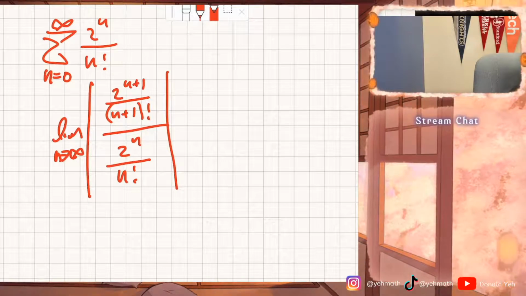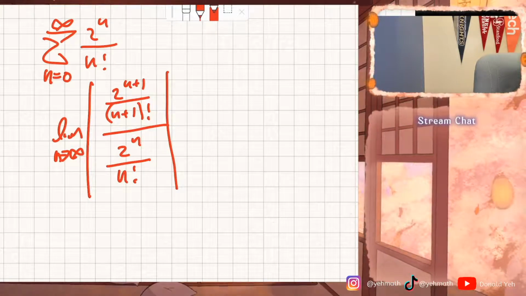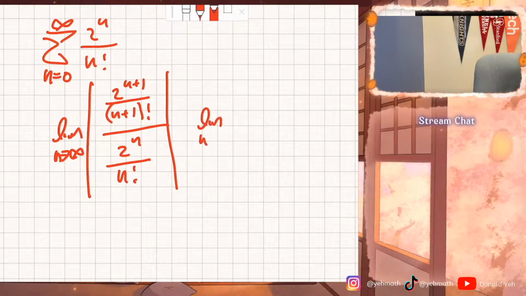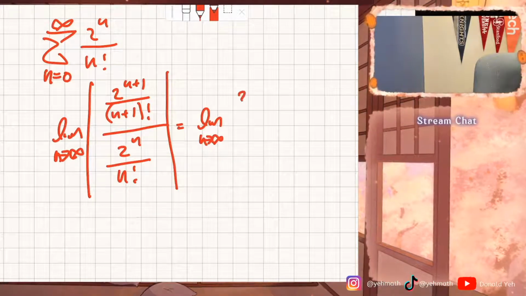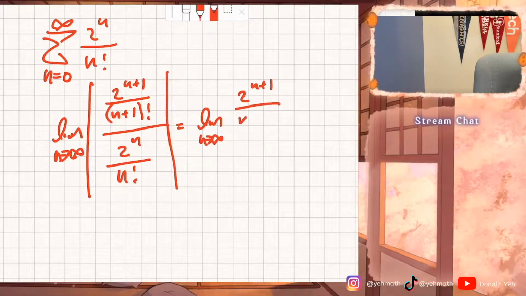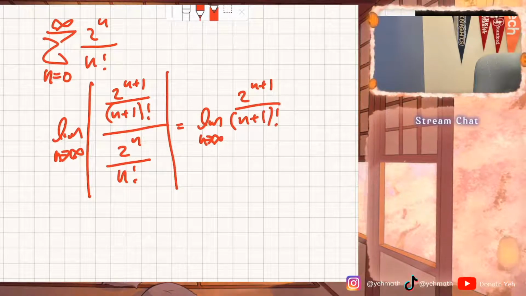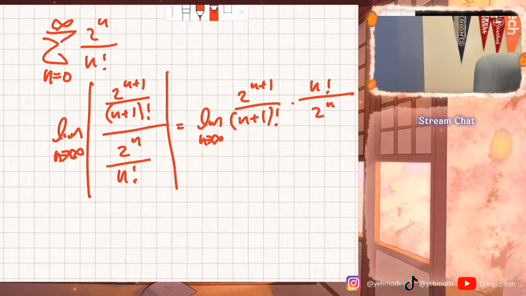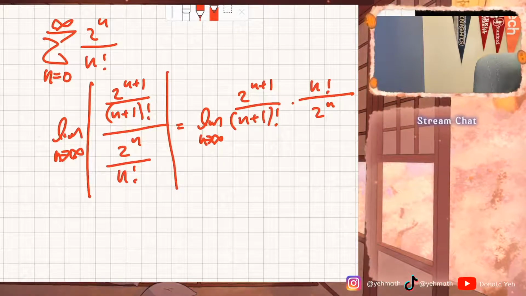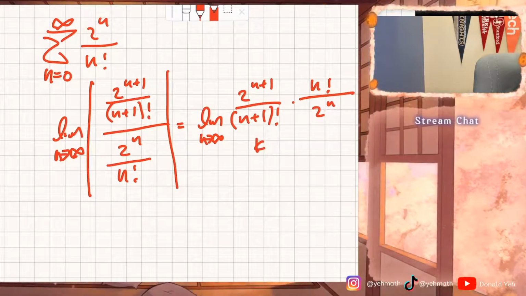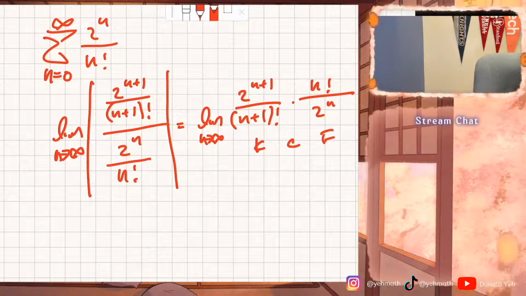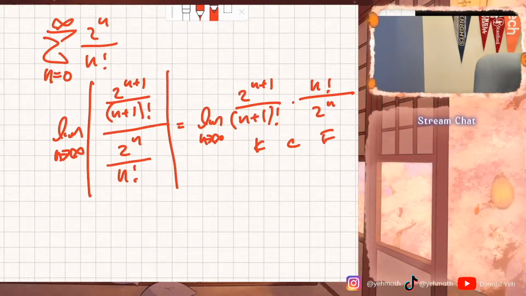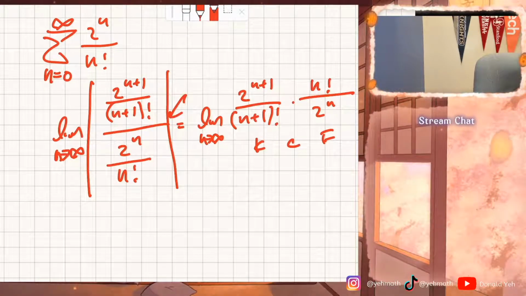So the limit as n approaches infinity of 2 to the n plus 1 over n plus 1 factorial times n factorial over 2 to the n. Keep, change, flip. You change the dividing sign to multiplication and flip that one.